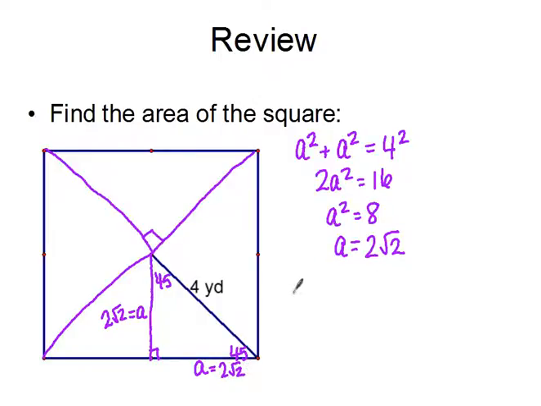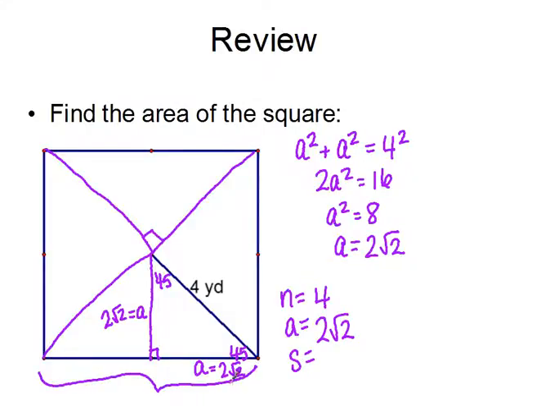Okay, so if we're going to do the formula like we did before, we need these 3 things. Number of sides would be 4 because it's a square. Apothem is 2 root 2 because we found it. The length of a side is this entire thing. Half of it is 2 root 2. So the whole thing is 4 root 2.